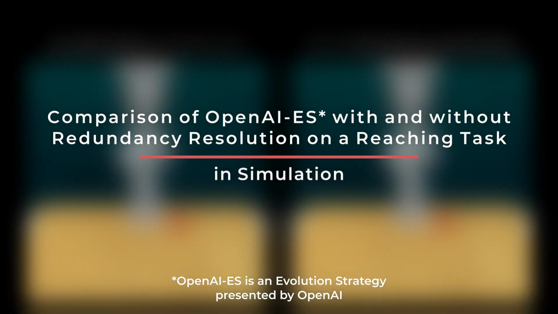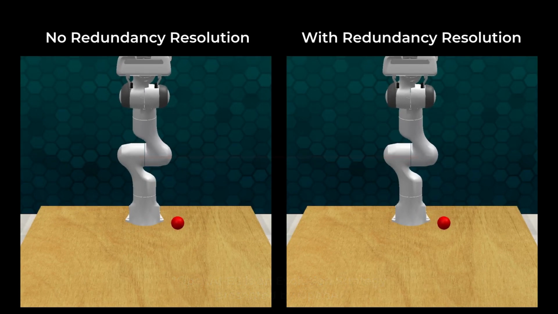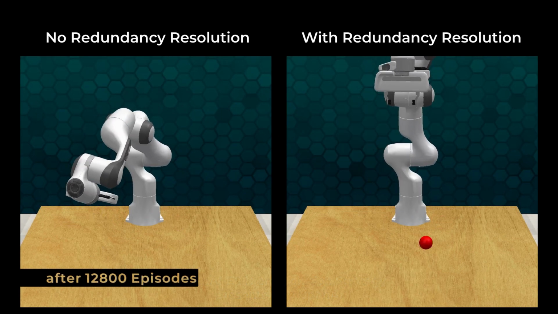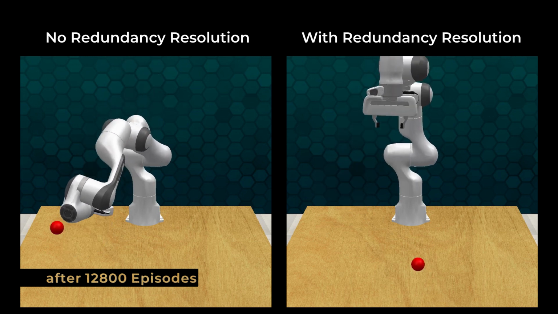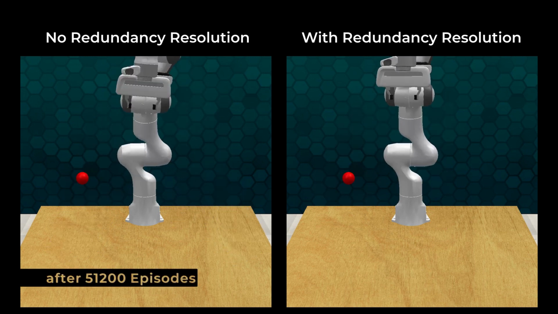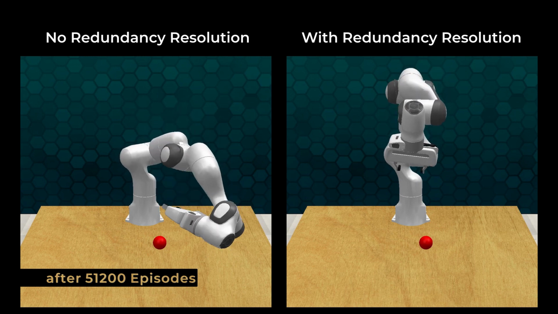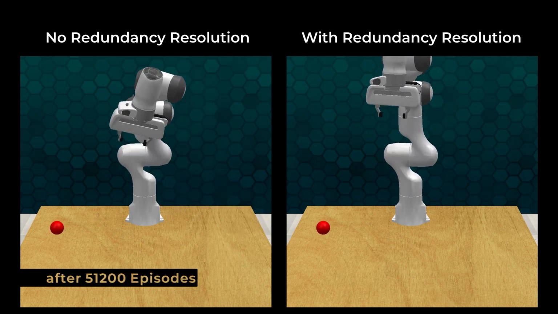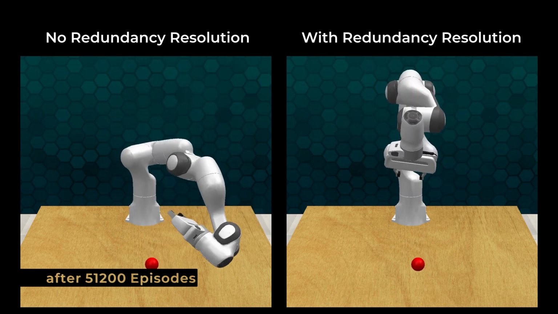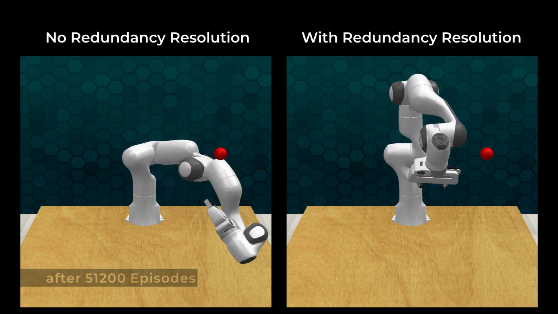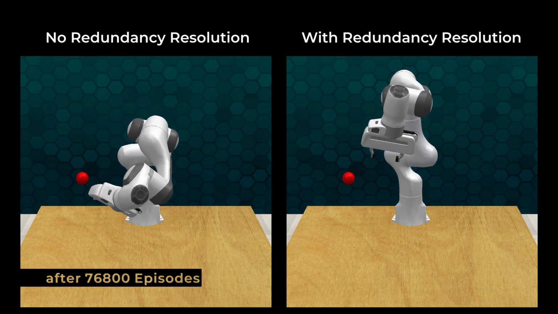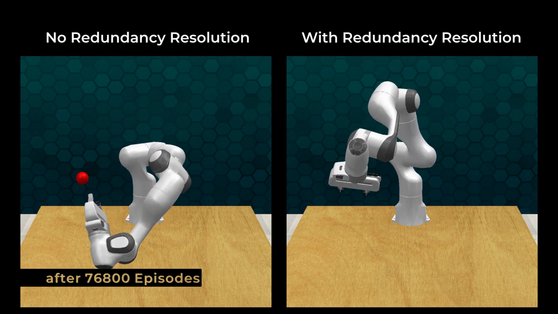Now let's take a look at the training results of an evolution strategy, here the one from OpenAI. At this point, the agent without redundancy resolution has learned a backflip behavior.